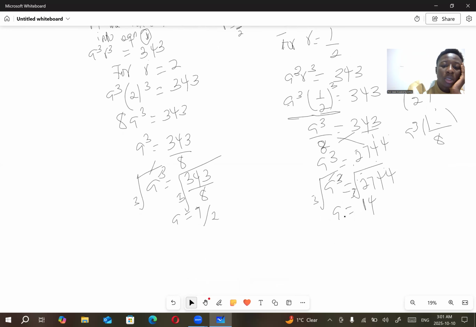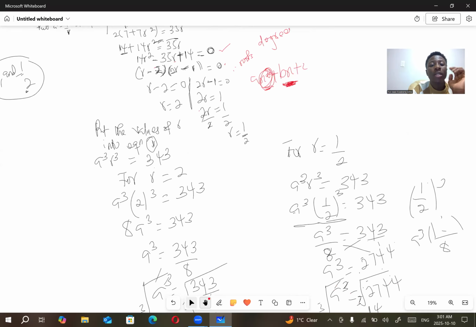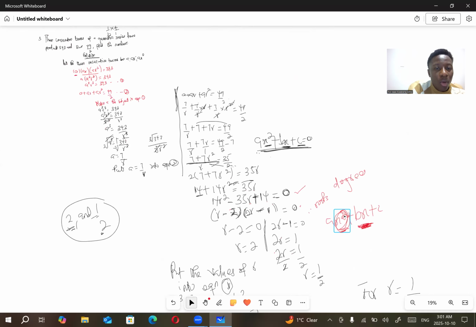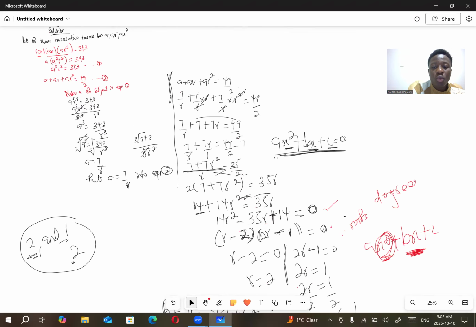Okay, so therefore the consecutive terms are, so it's A, which is 7 over 2. If you remember, the consecutive terms are A, A R, A R exponent 2.